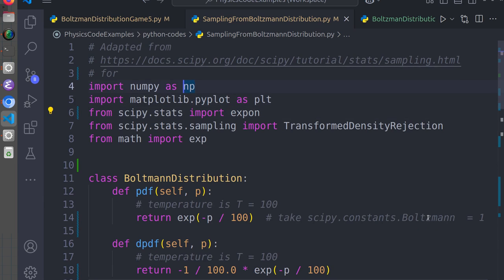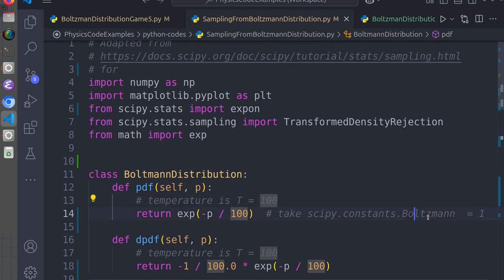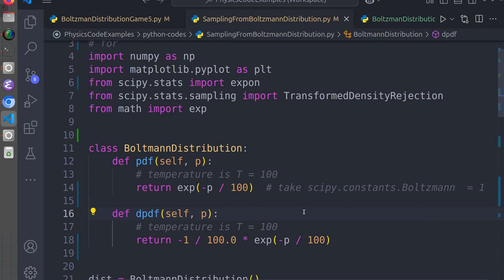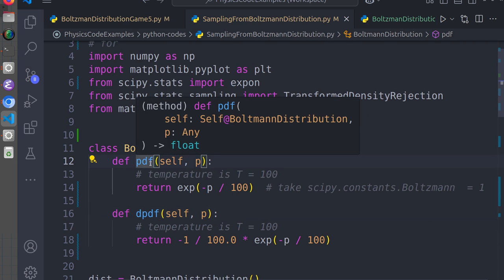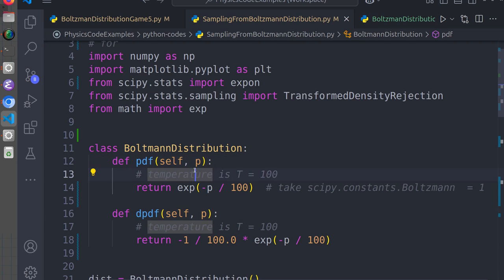Here the aim is just to sample. This is adapted from the SciPy documentation for sampling from some particular probability distributions. Here there is a class, Boltzmann distribution. This is the probability density function. It's a function of p, exponential minus p.